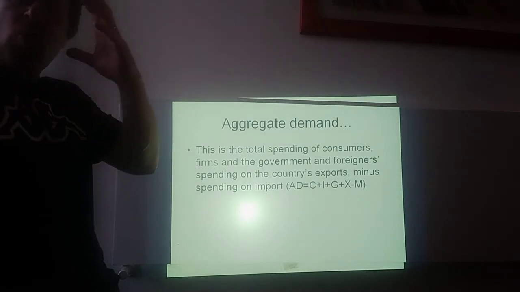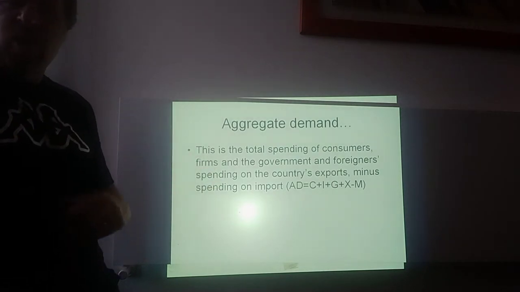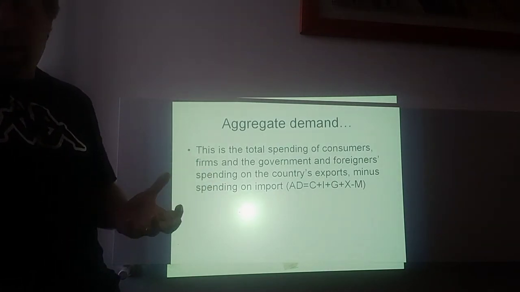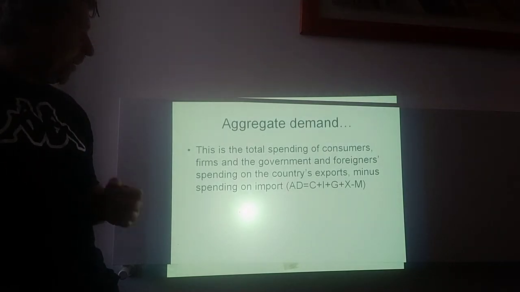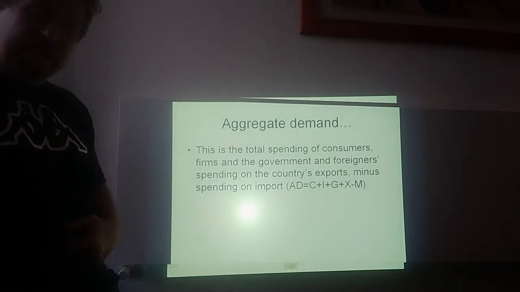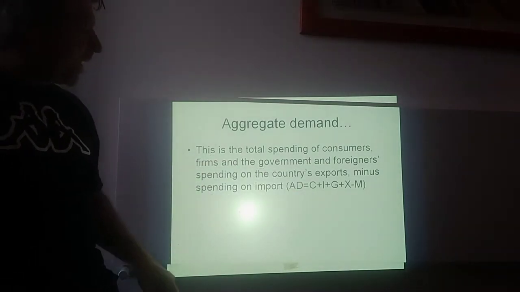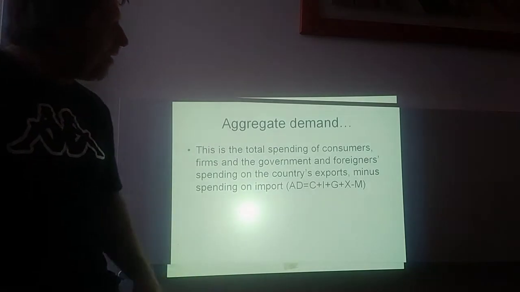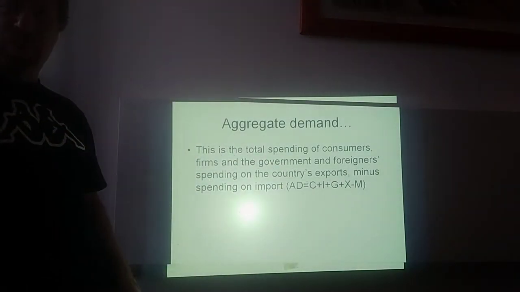So we're talking about all the demand in the economy. We're not talking about a market, which we call demand, but aggregate demand is all the demand in the economy. And this is calculated by adding up consumer spending, investment, government spending, and exports minus imports.